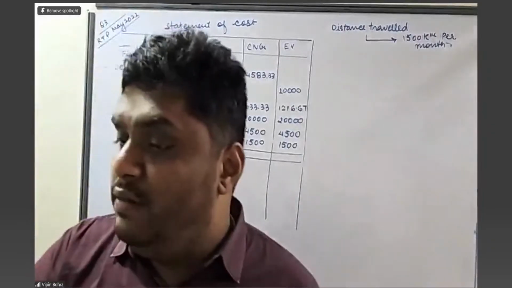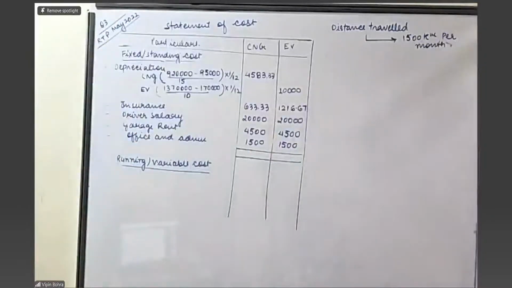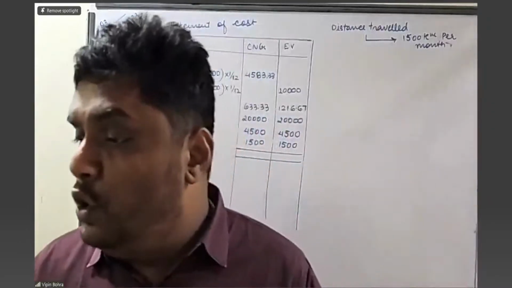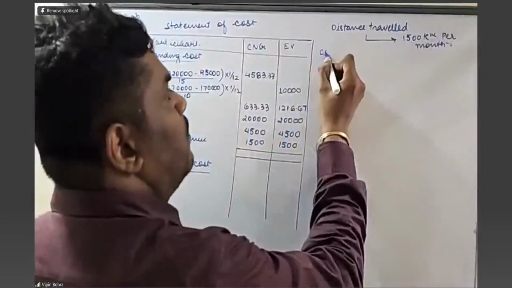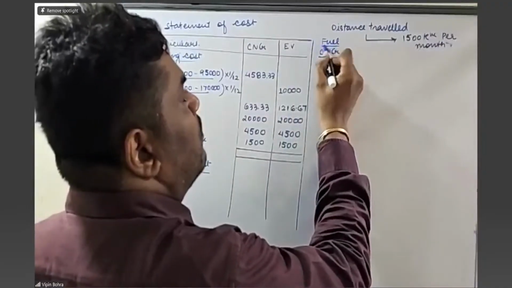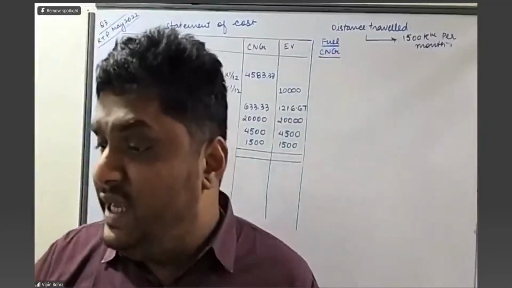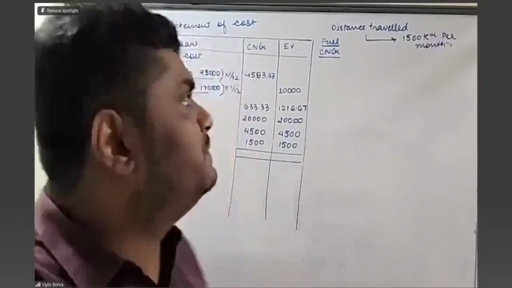So let's start with the calculation of, first of all, the fuel and the electricity cost. Let's start with the calculation of fuel cost for CNG car and electric vehicle separately. When talking about CNG, it is given that the mileage is 20 kilometer per kg.